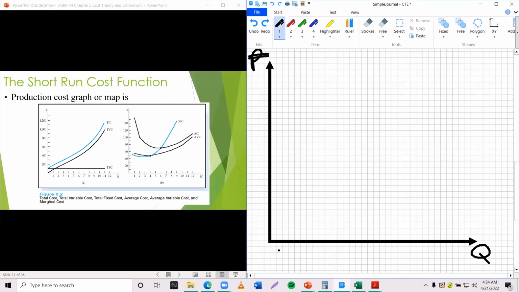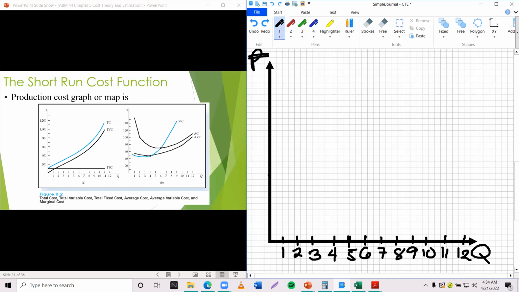So let's assume we have this number here. We have 1, 2, 3, 4, 5, 6, 7, 8, 9, 10, 11, and 12.